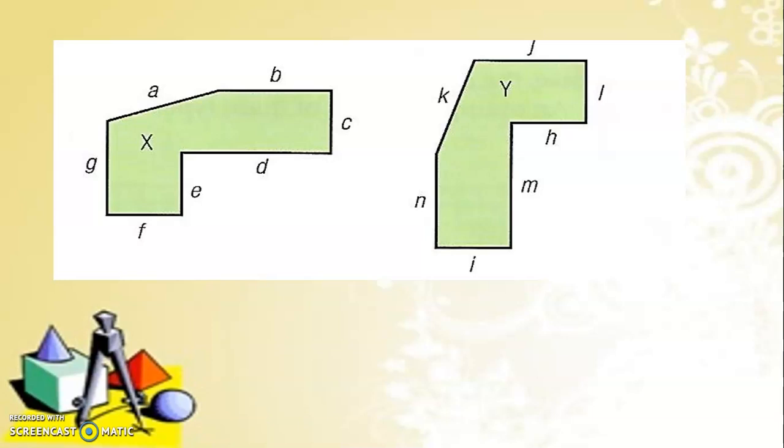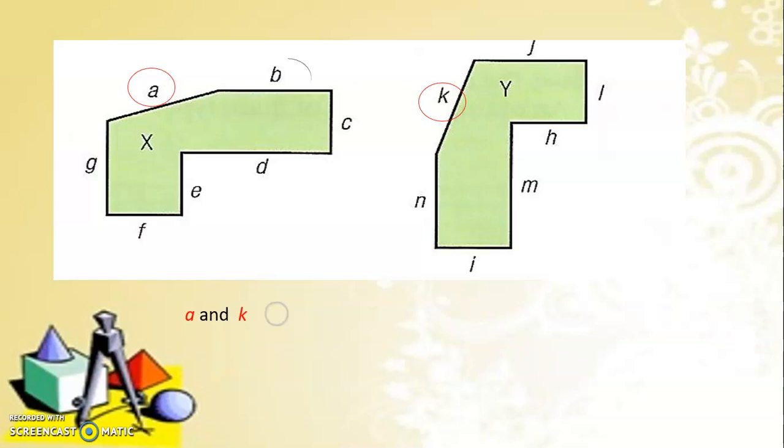We will see which side of figure X is congruent to a side of figure Y. I will start with letter A. Which side is congruent to side A? Side K is congruent to side A. So we say A and K are congruent to each other.